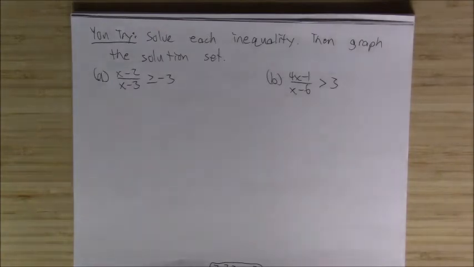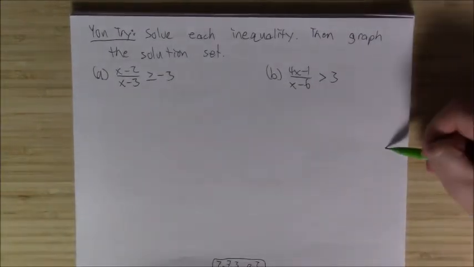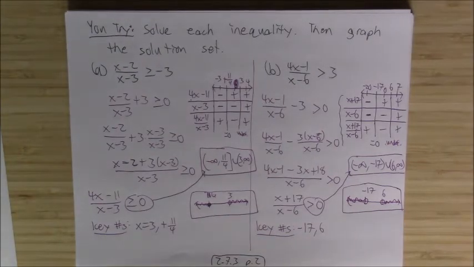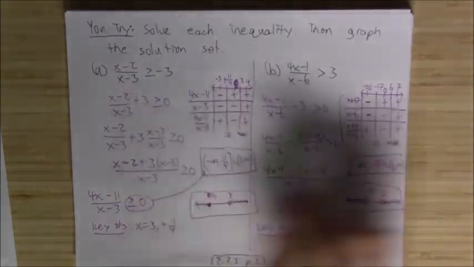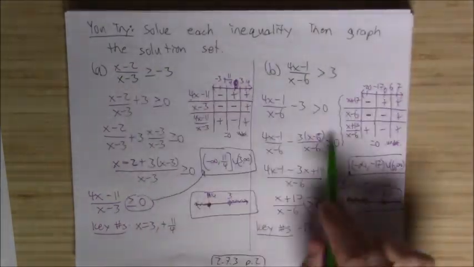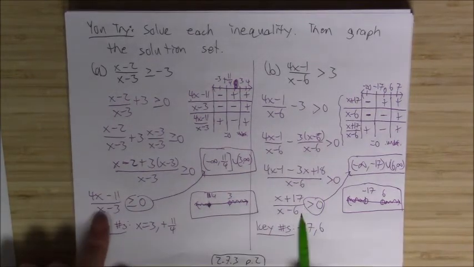And now it's time for you to try a couple of examples, so go ahead and solve each of the following inequalities and then graph the solution sets. On the count of 3, I'll reveal the solutions. 1, 2, 3. So as you can see here, I take things on both sides, take it to the other side, get my common denominator, put the fractions together, simplify to get down to here.